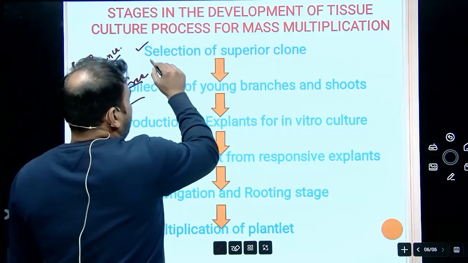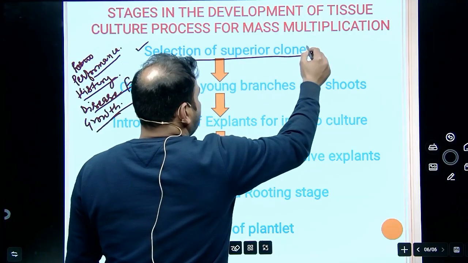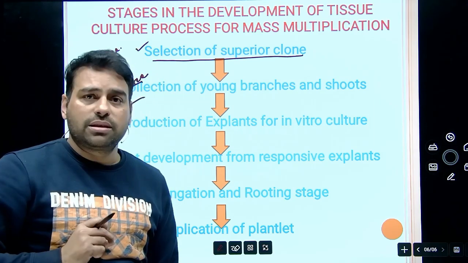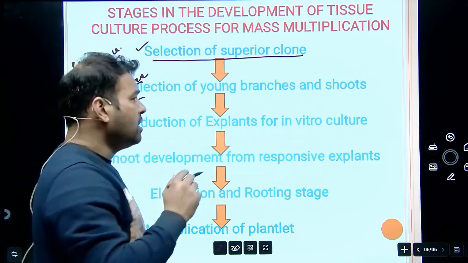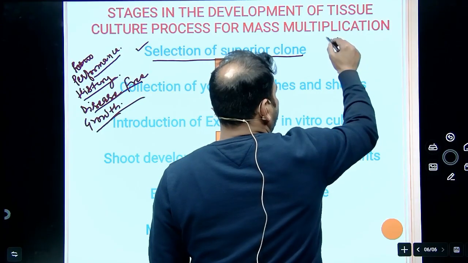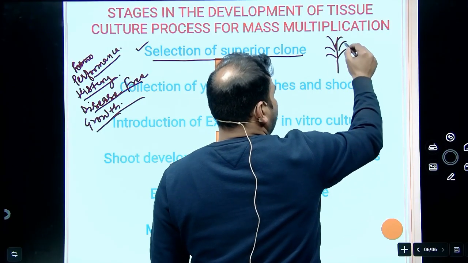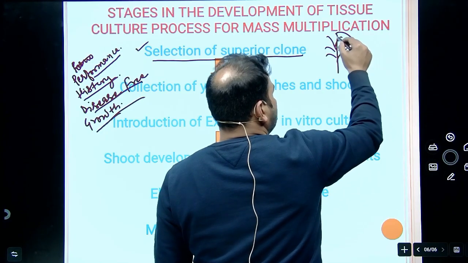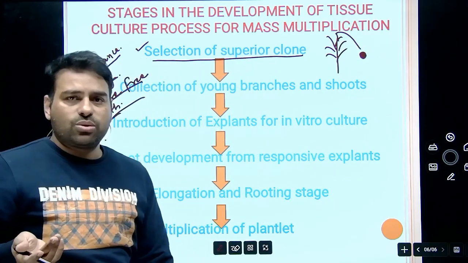Secondly, first we will choose the clone and then we will identify the explant we have to take in the micropropagation experiment. For example, if we are having a plant, we take axillary buds as an explant or some meristematic tissues we can take.